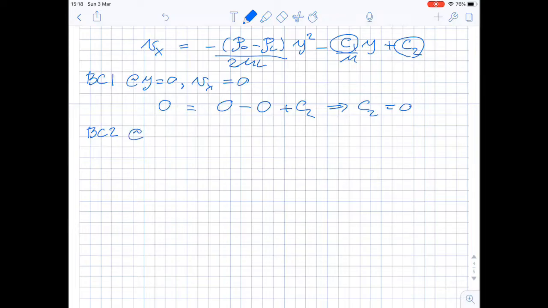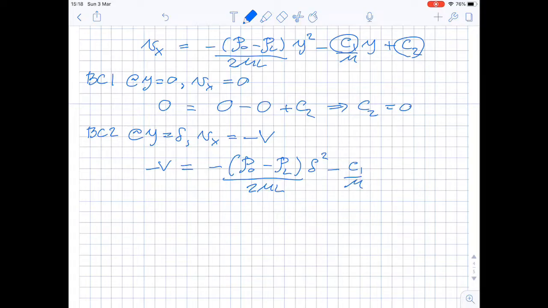Second boundary, at y equal to delta, Vx is equal to minus v, as we discussed. So minus v on the left equal to minus pressure difference over 2 mu L, then we put y to be delta squared, subtracted by C1 over mu times delta, and C2 is already 0 according to here, so we put C2 equal to 0 over here.